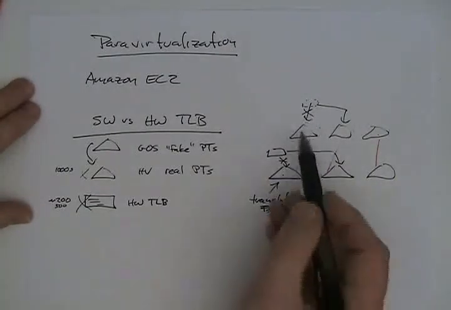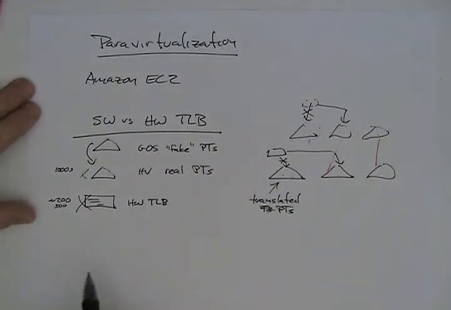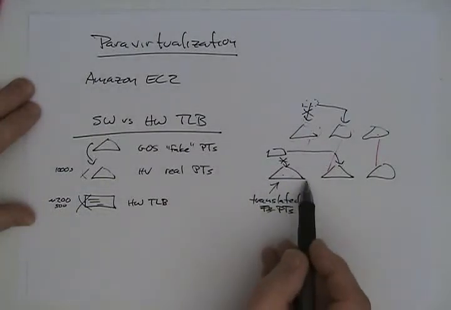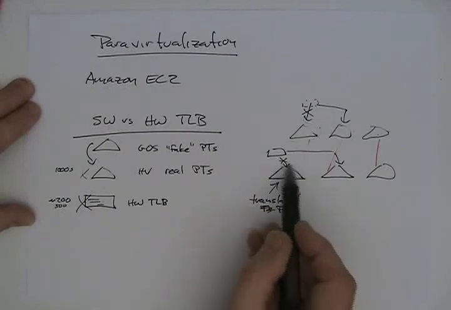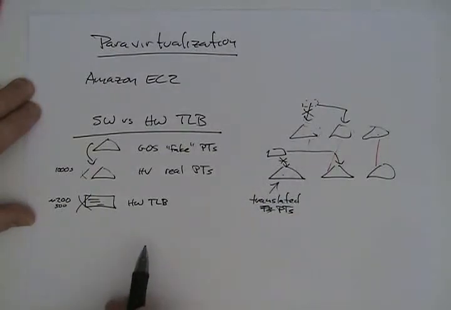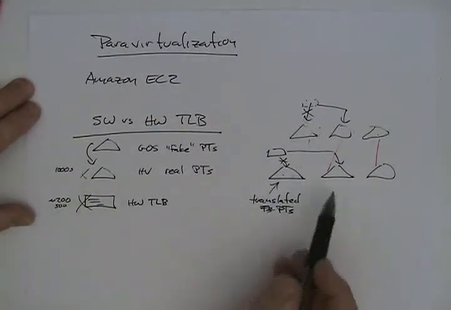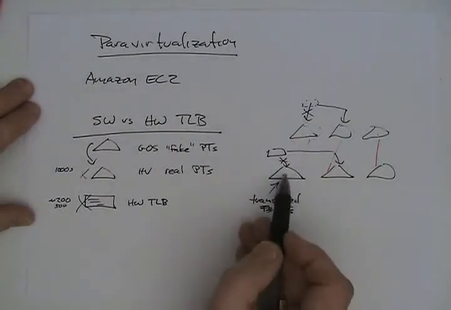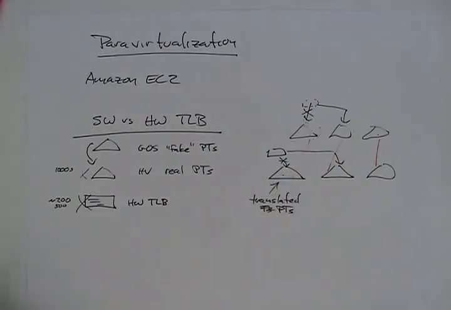And as I said, this is an optimization because the translated addresses in these real page tables in the hypervisor are much more valuable than the translations in the TLB. There's a lot more of them, and it's much more expensive to translate each of them.